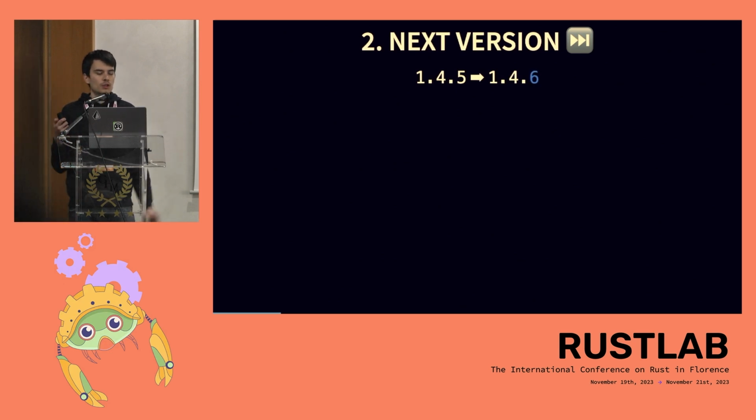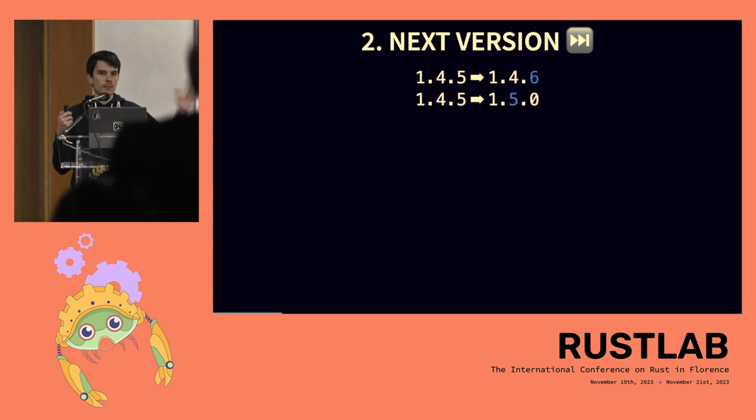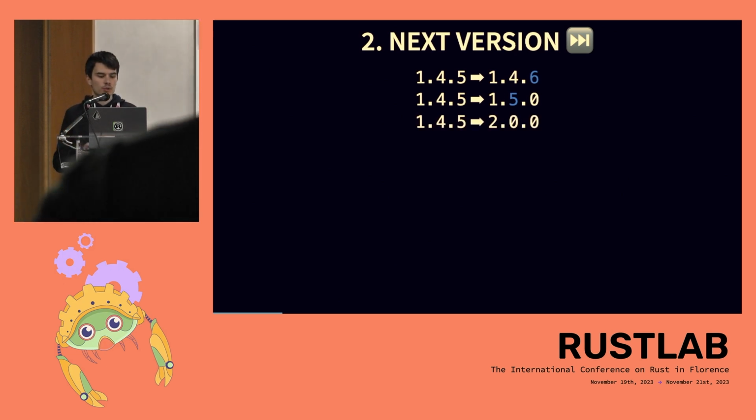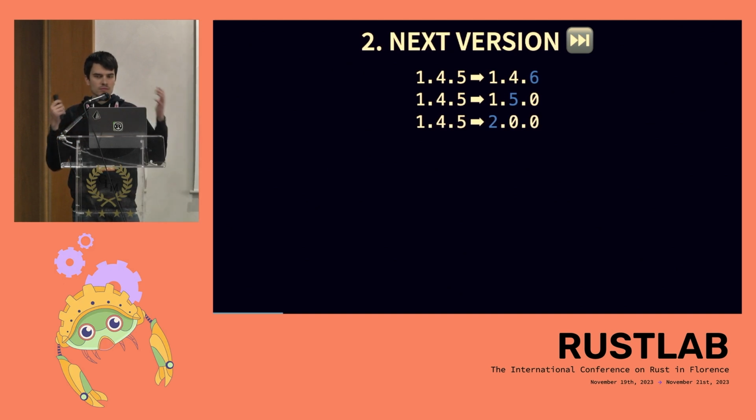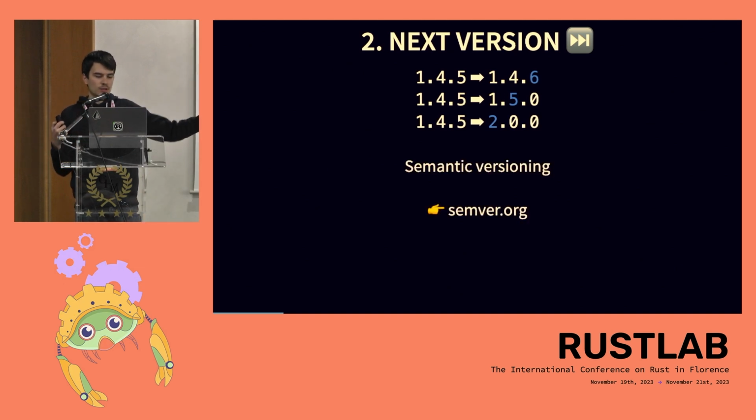So maybe you want to increment the patch because you only have small chores, or maybe you want to increment the minor because you have some features, or maybe you have breaking changes, and so you want to update the major version. This is based on the semantic versioning rules, and this is what Cargo uses, and you can find those rules at that website.